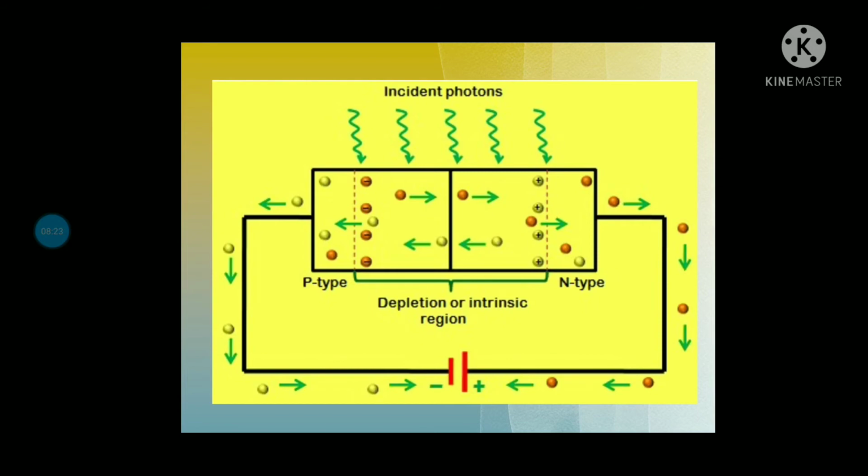One side is connected to the negative side of the battery and the other side is connected to the positive side. P type and N type, two partitions we have made here. P type is connected to the negative, that is the cathode, and N type is connected to the positive side of the battery, that is the anode.